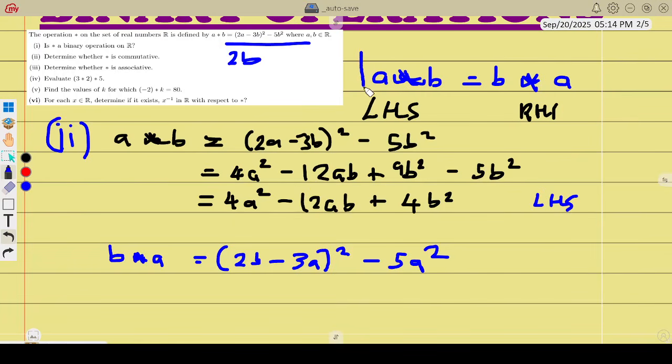For the commutative law, we check if we change the positions, while there's A we put B, while there's B we put A, are we going to get the same thing?